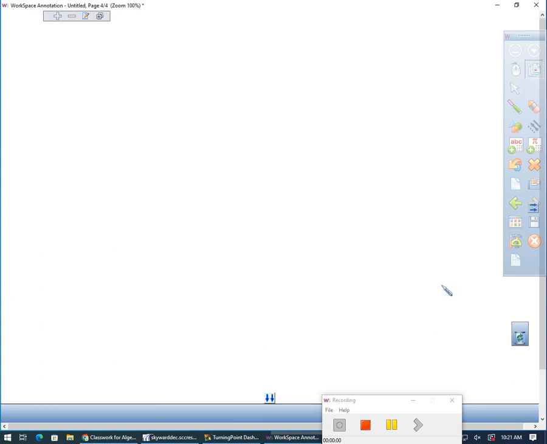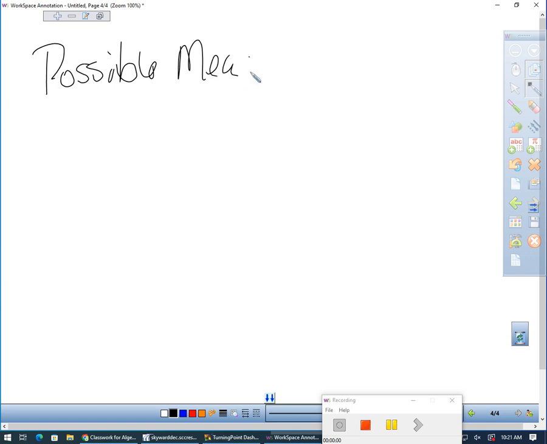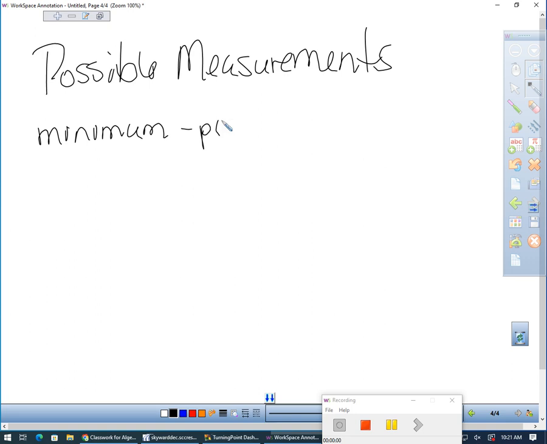I want to call this possible measurements this time. When we are looking for the possible measurements, we are going to take the minimum minus the possible error.